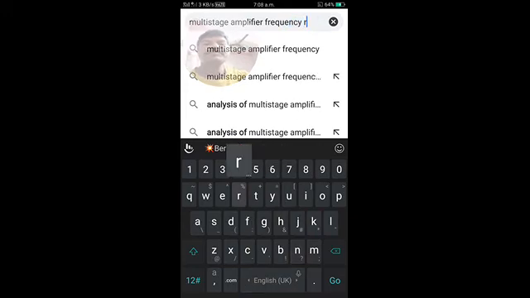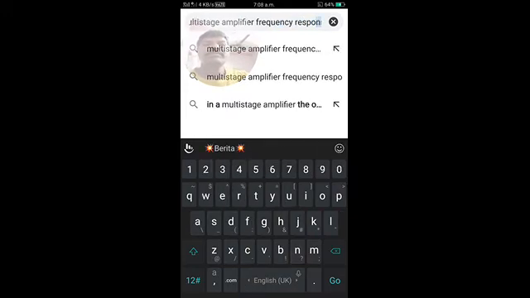Frequency response of multi-stage amplifier.